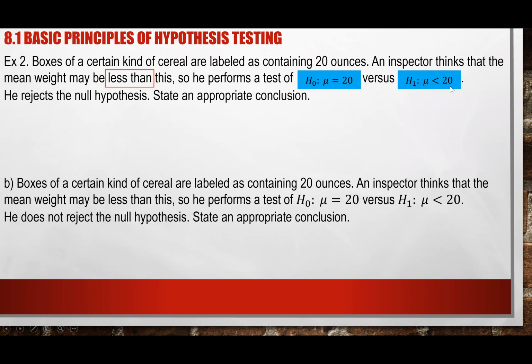He did the testing, and then he came out with the conclusion that he rejects H naught. Again, what does it mean? Reject H naught means you can throw this away. You throw the null hypothesis out. We never say we accept, but in theory, if you have only two options and you throw one of them away, you have only one option left, which you have to take.